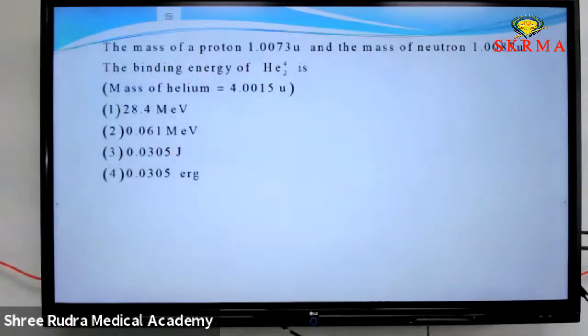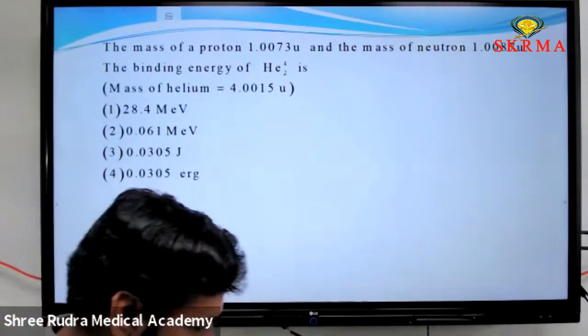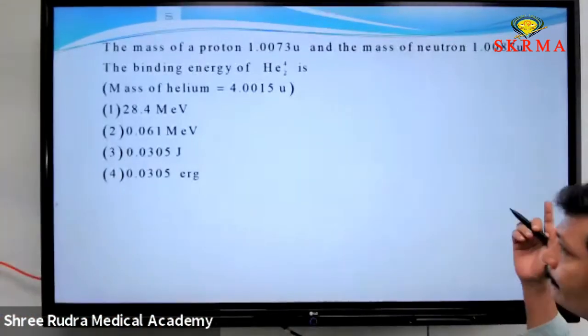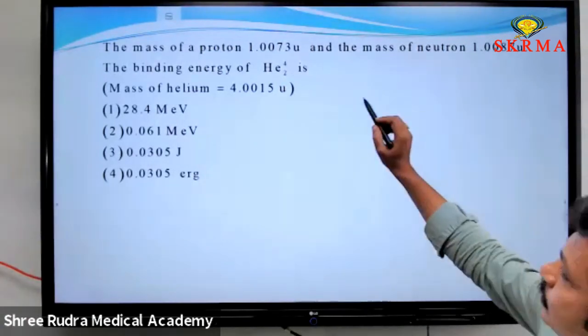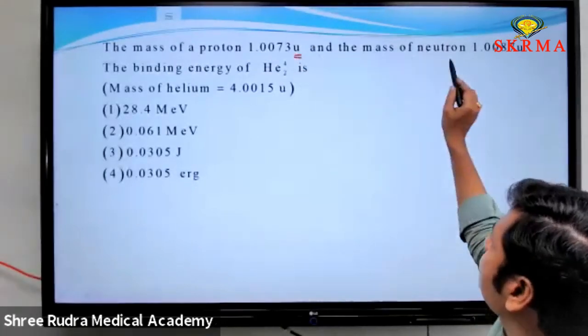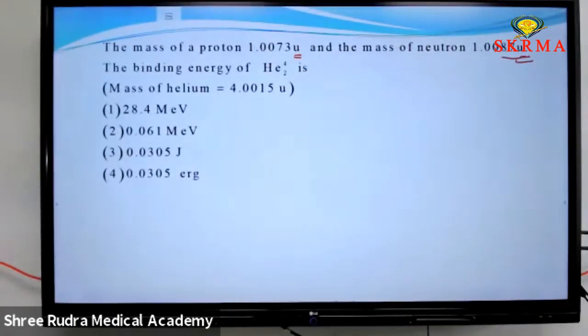The next one is a problem. The mass of a proton is 1.0073 units and the mass of a neutron is 1.0087 units. Find the binding energy of helium, 2He4. Remember these units are atomic mass units.